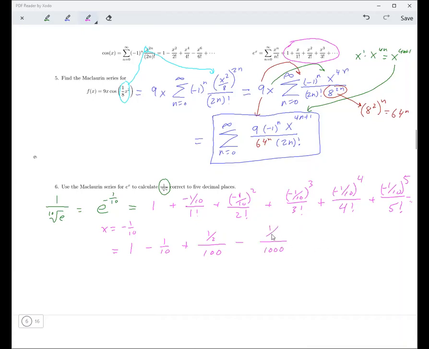So that's 1 over 3 factorial, which is 6. And then the next one is 10,000, and 1 over 4 factorial is 24. And then 5 factorial is 125. Wait a minute, no, it's 120.